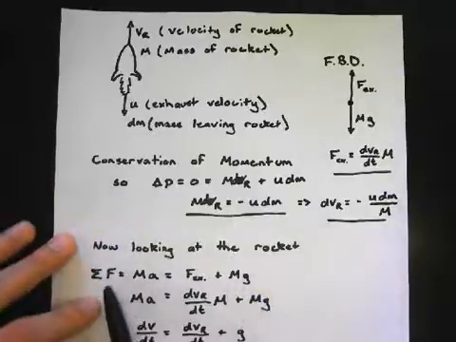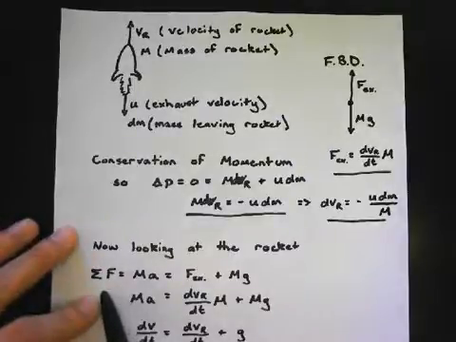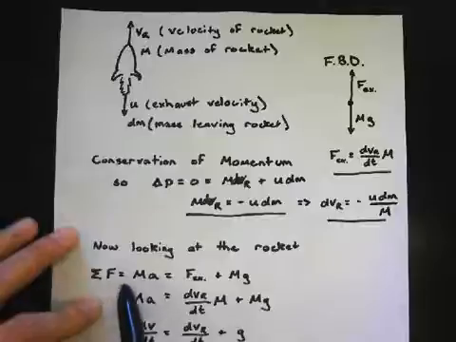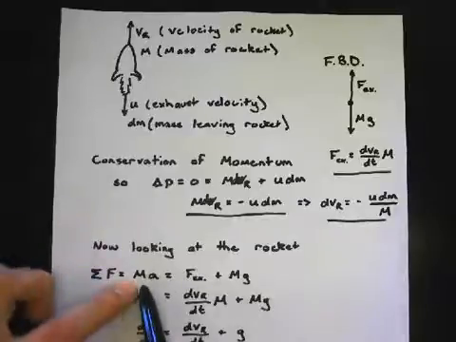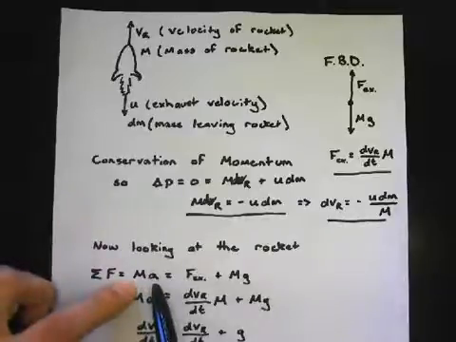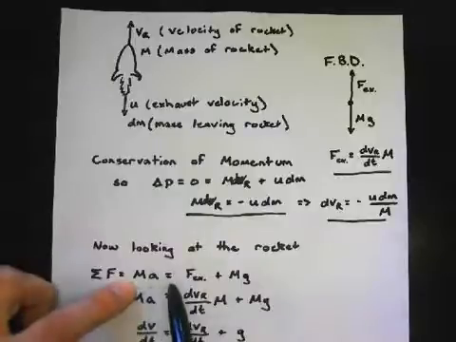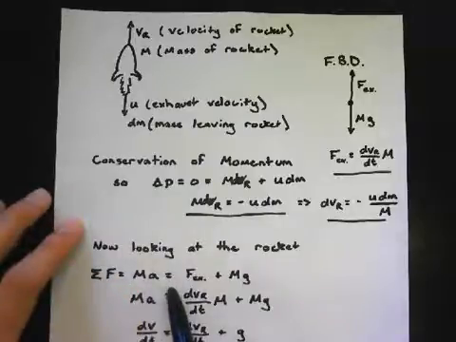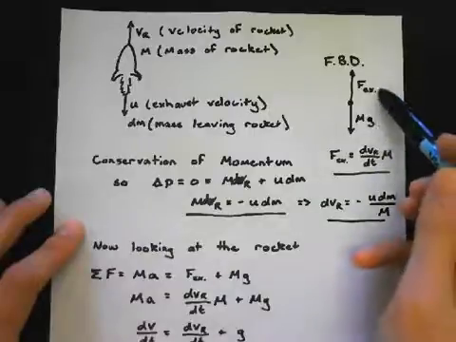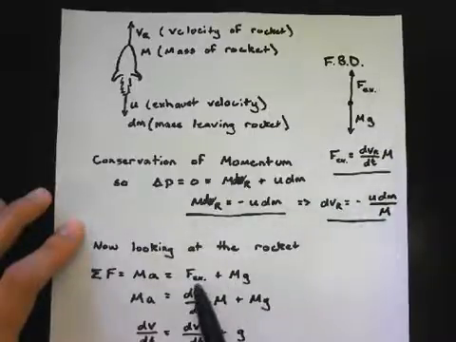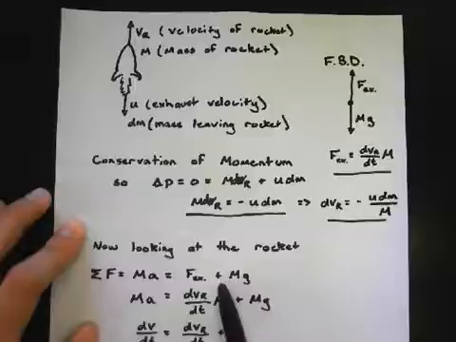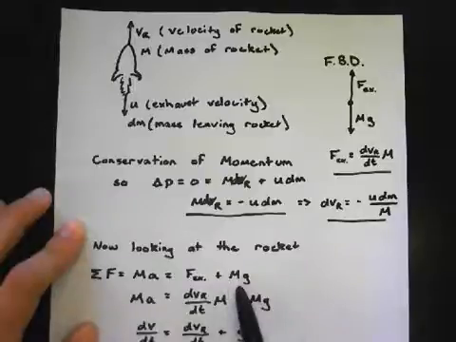So I wrote down my sum of the forces, going back to Newton's second law. My sum of the forces is equal to the mass times the acceleration of the rocket, which should equal these two forces added together. So I have my external force plus mg.